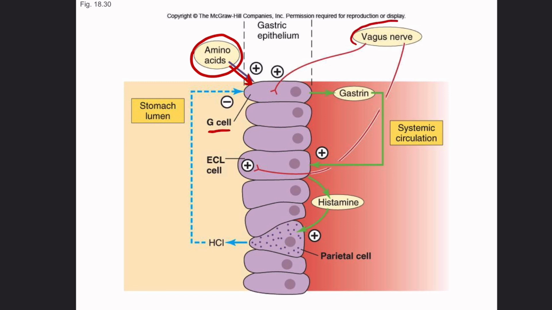The vagus nerve can also stimulate G cells to secrete gastrin, which is going to encourage your ECL cells to secrete histamine, and that will cause your parietal cells to secrete hydrochloric acid. And then this excess of hydrochloric acid is going to reduce the pH of the stomach, the gastric juices, which is then going to inhibit or reduce the secretions of the G cells. So that'll stop it. And so this is a negative feedback loop.